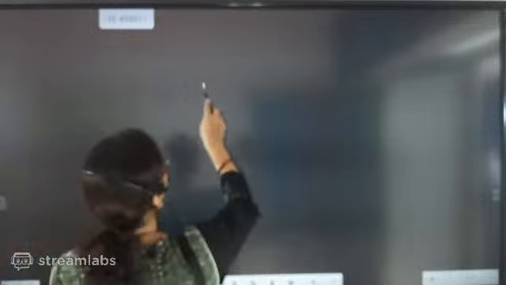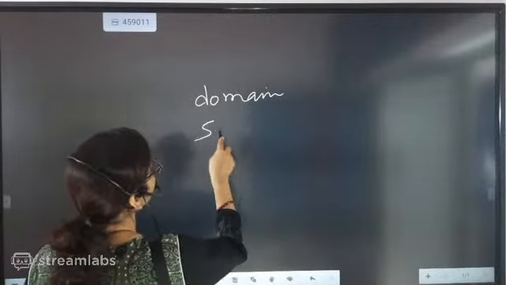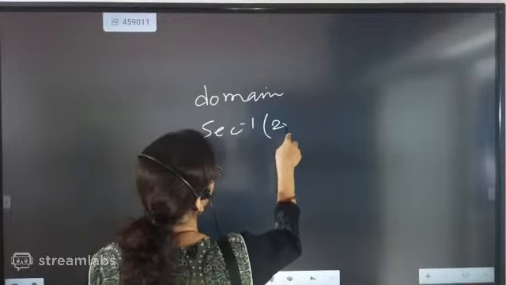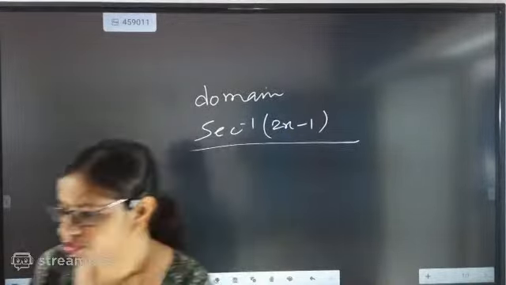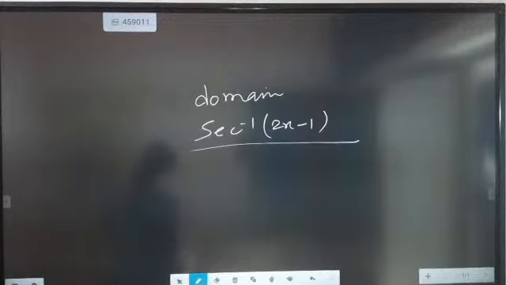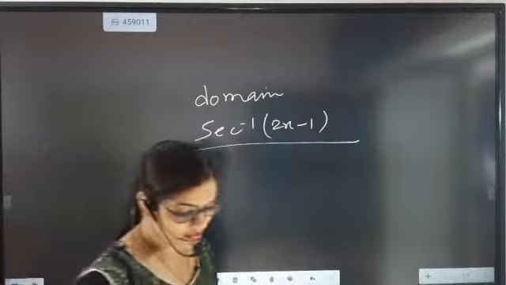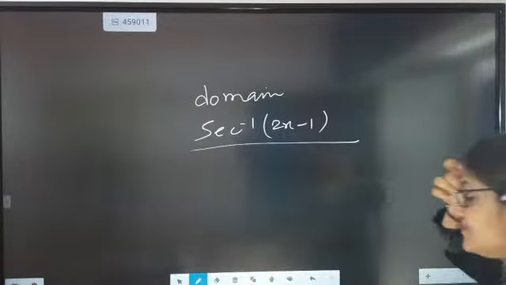Now find the domain of secant inverse 2x minus 1. Quick. Domain of secant inverse 2x minus 1. I am bound by the rule, otherwise Anish would say it first itself. First time itself you have to be correct, then only will you get the hat trick.